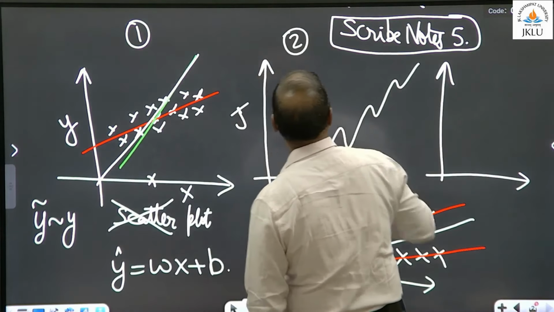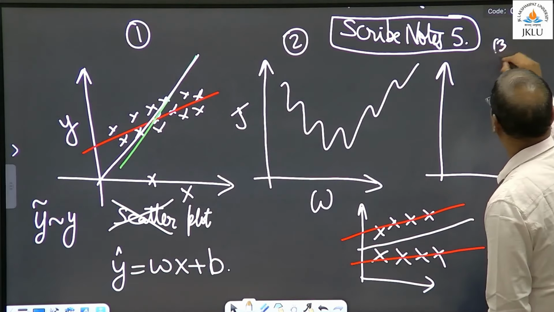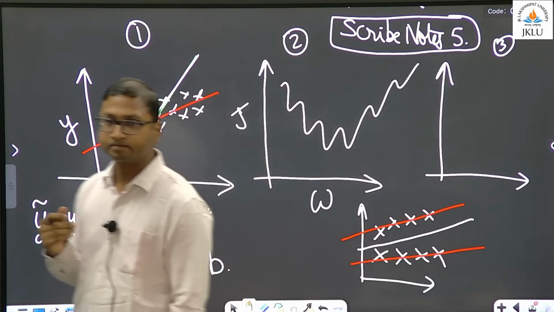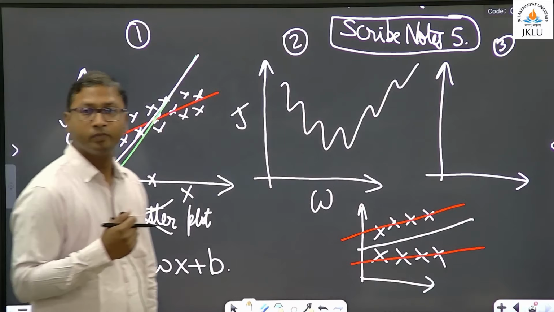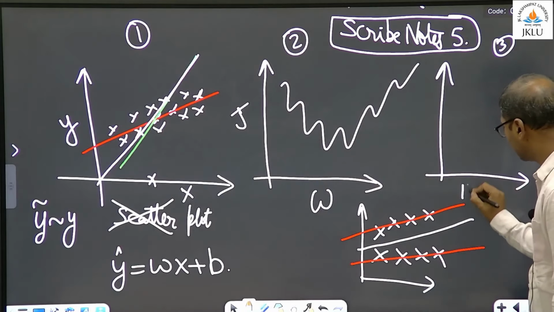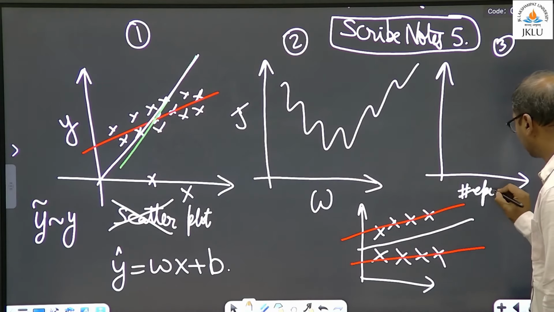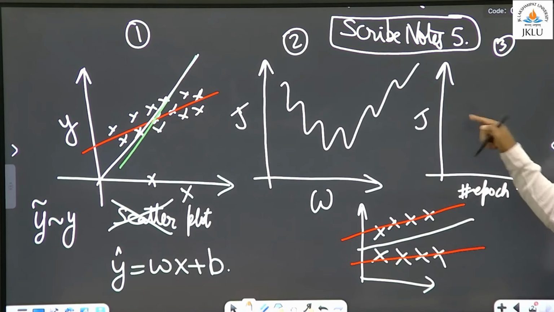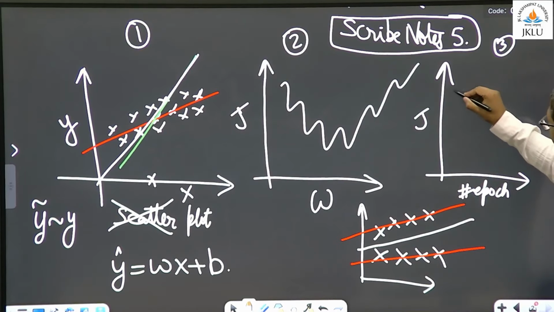I will call it second kind of plot and this is third one. What happens in this one? So, in third one what you have here is epoch with j. What is j? J is my cost function. So, let us say something like this happens.